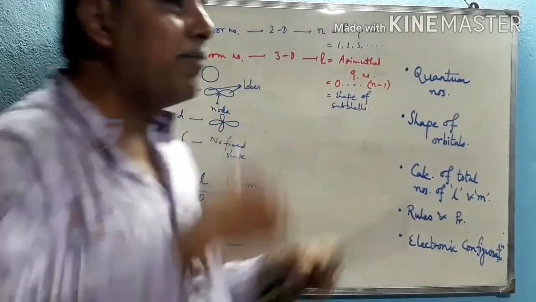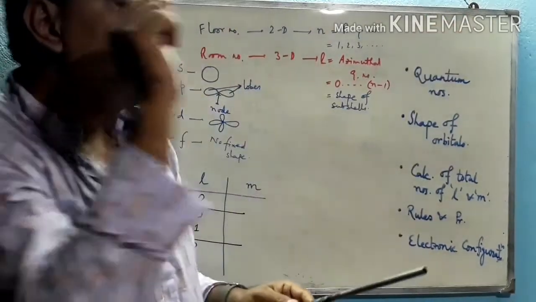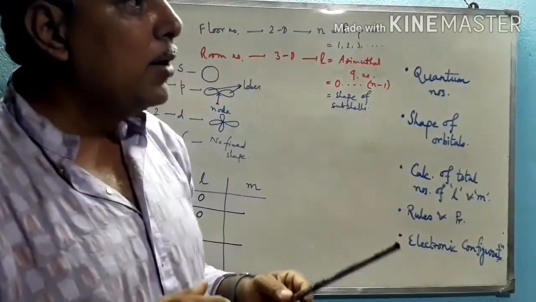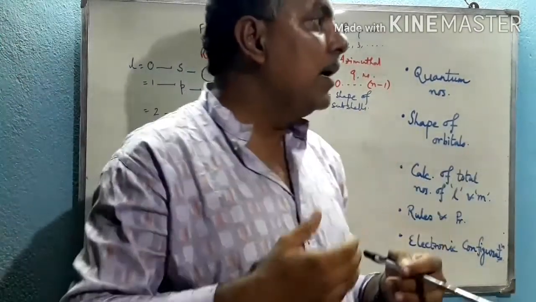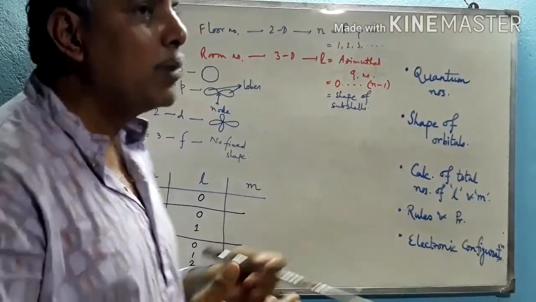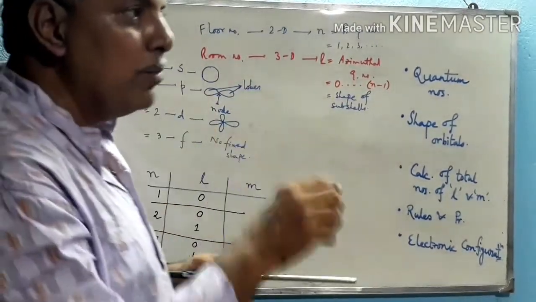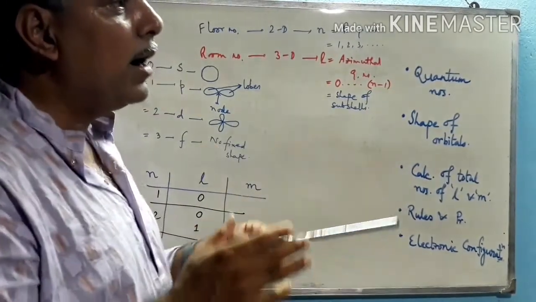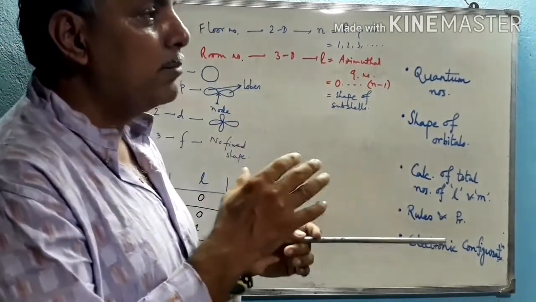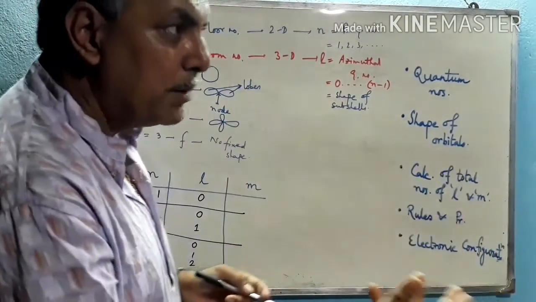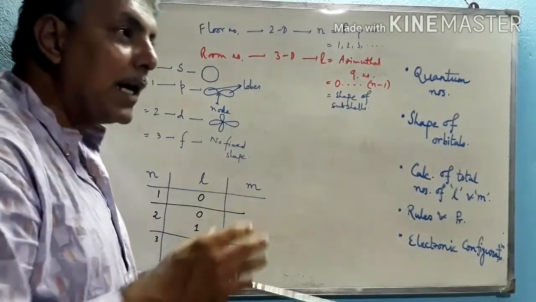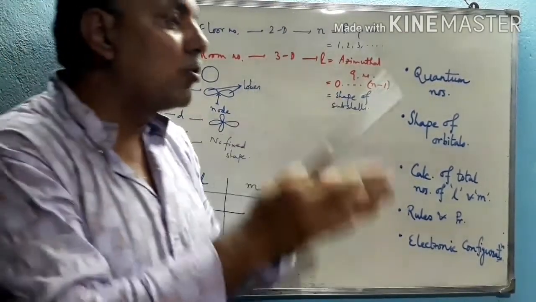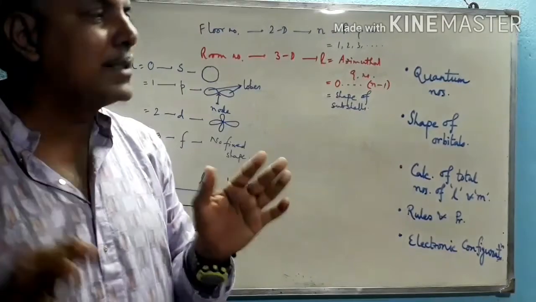Now after reaching the room number, you knock on the door, somebody opens it, and you ask them to meet Mr. X, whom you want to meet. Now Mr. X, where does he actually reside? Suppose in the bathroom, kitchen, bedroom, and so on.